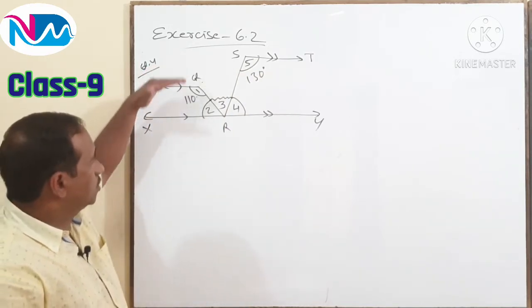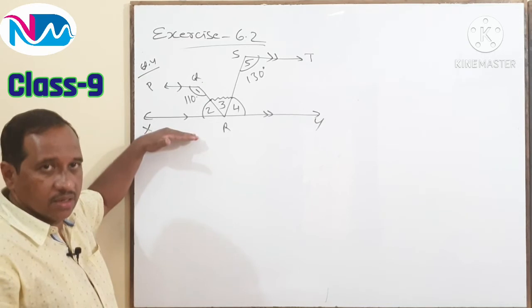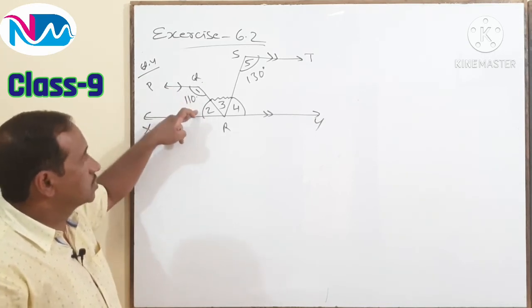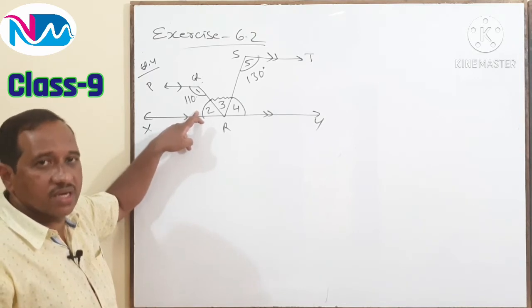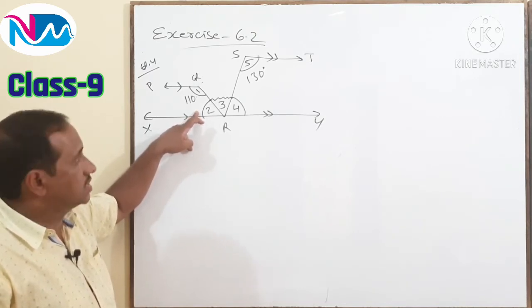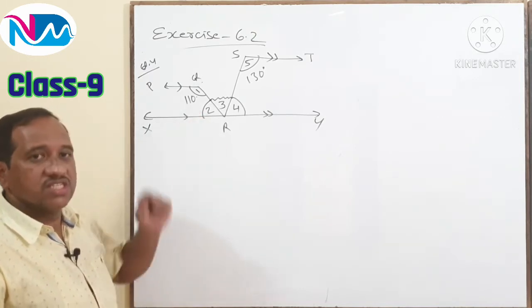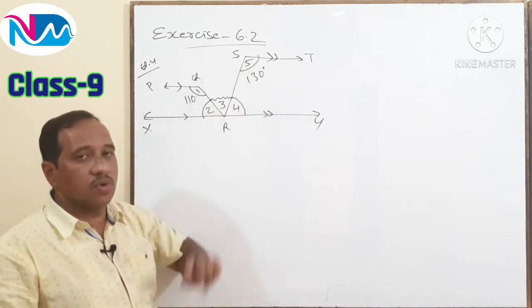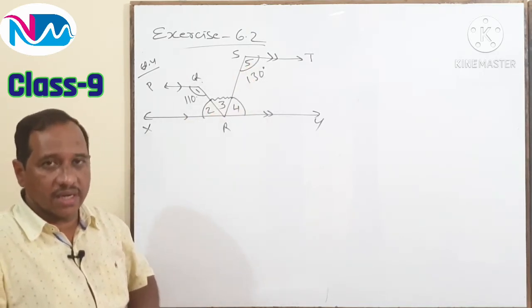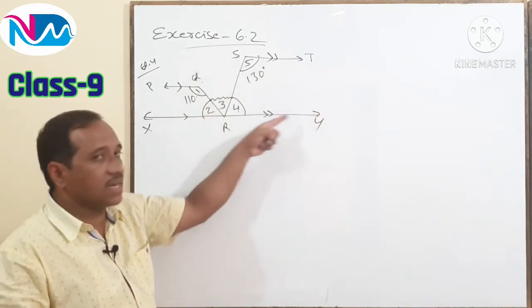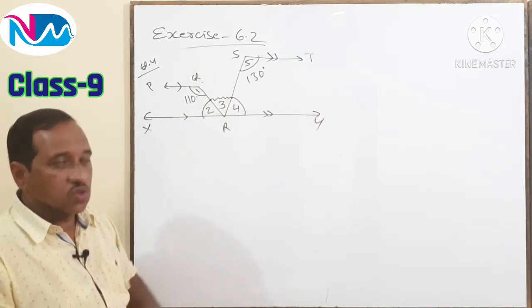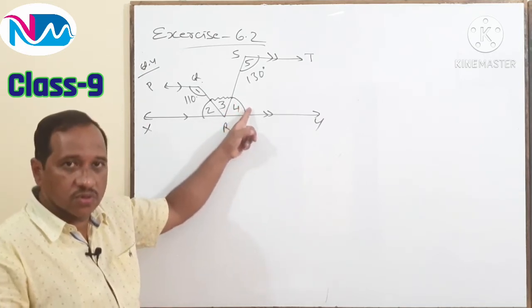Now PQ and XY are parallel. So angle 1 and angle 2 form a pair of co-interior angles, and hence they are supplementary. So we will get the value of angle 2. Similarly, angle 4 and angle 5 also form a pair of co-interior angles. Their sum is 180 because ST is parallel to XY. So we can calculate angle 4 also.